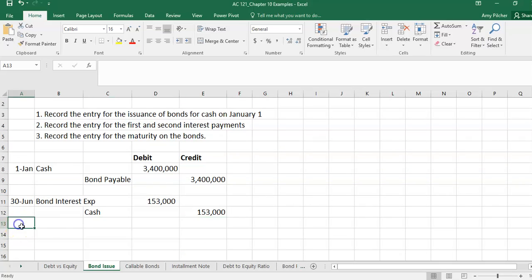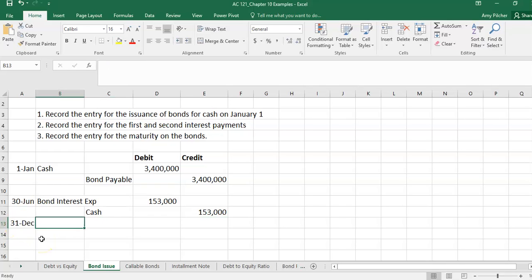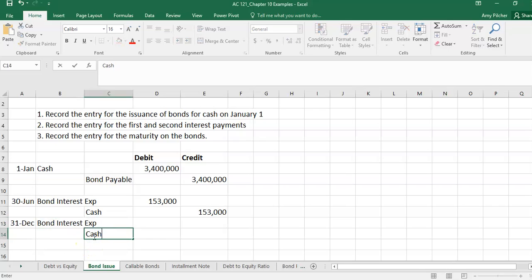for 4 years. So on December 31st, we would also have the bond interest expense and cash. And we would record these journal entries on June 30th and December 31st for the total 4 years of the bond.